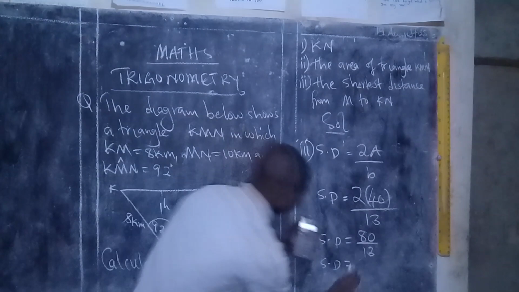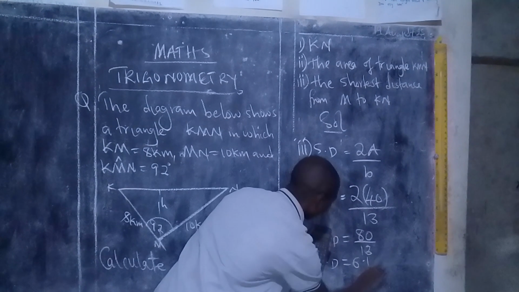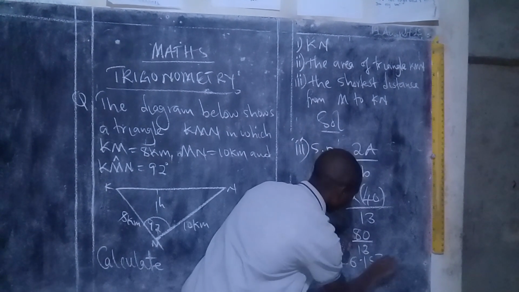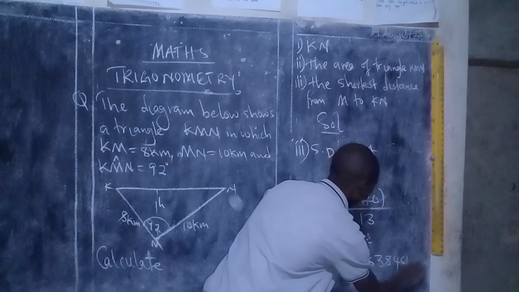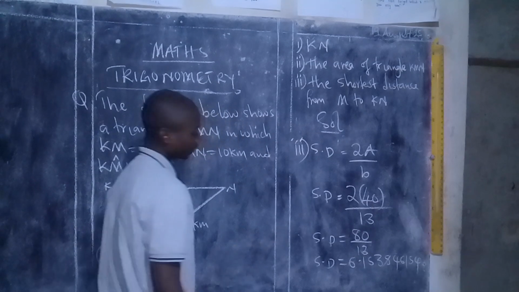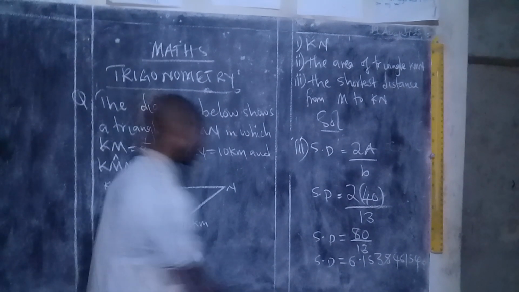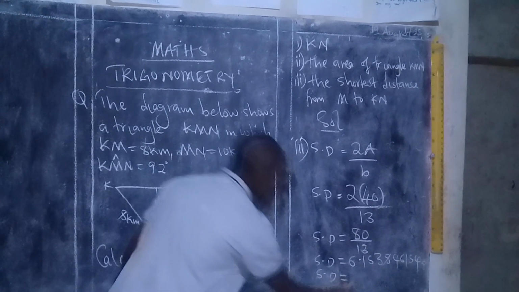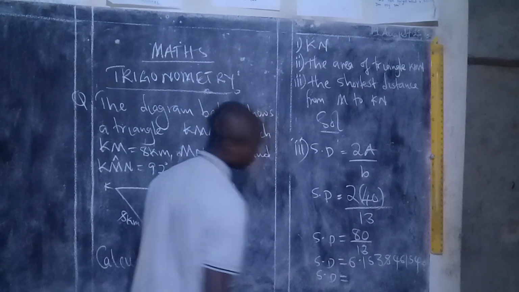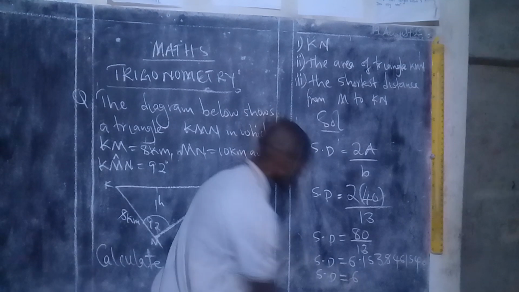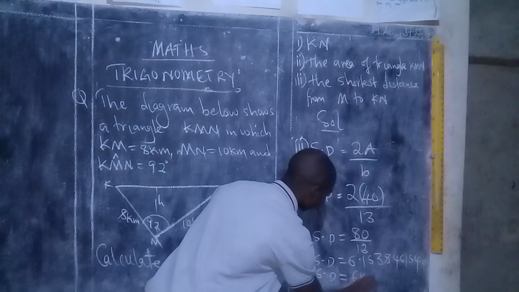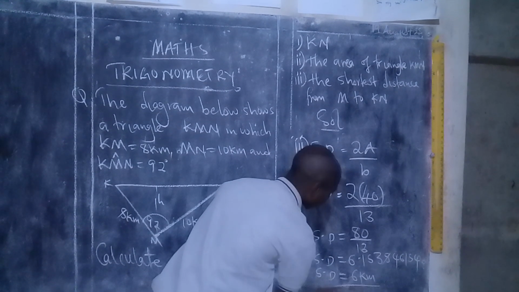So write 6.153846154. And thereafter, you can write this correct to a whole number. That is SD is equal to, if you round off this, 6, because the number after the decimal point is below 5. That is 6 kilometers. There, you're done.